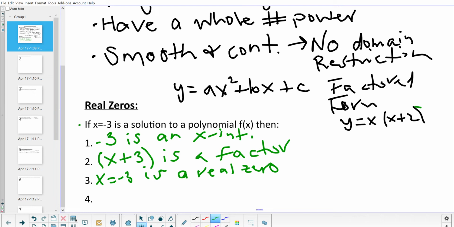And then the last one, just something about if it is a solution, that means that it is an answer to when the polynomial is set equal to 0.